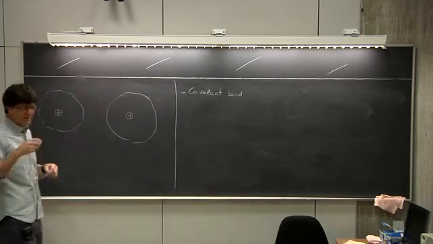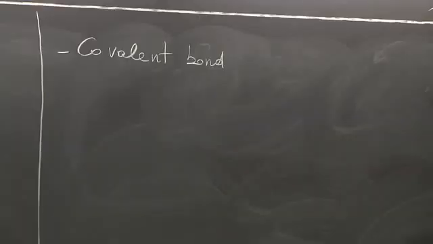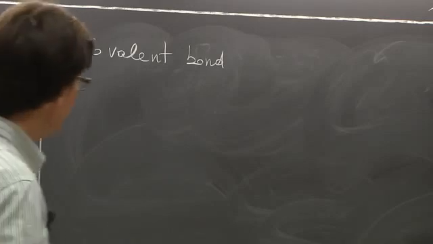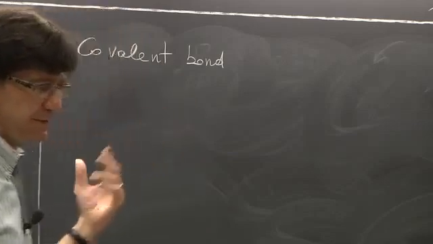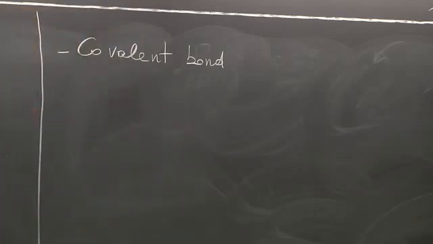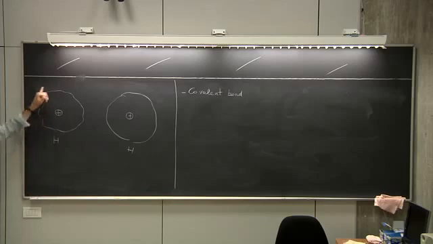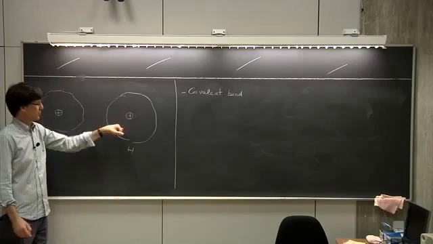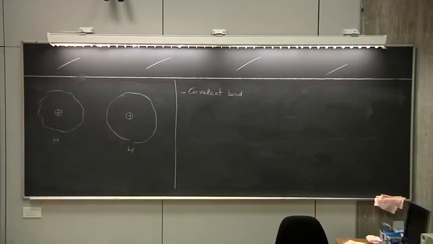We are going to discuss this in quite some detail next time, but let me just describe it very qualitatively at this stage. So a covalent bond typically takes place between atoms that are very similar. If the two atoms are identical, for example, take 2 hydrogen atoms, single proton, single electron, single proton, single electron on the other side.